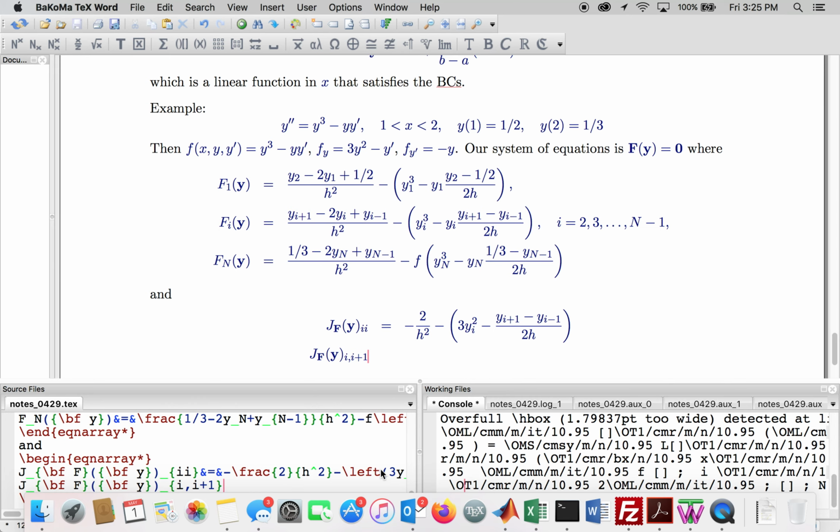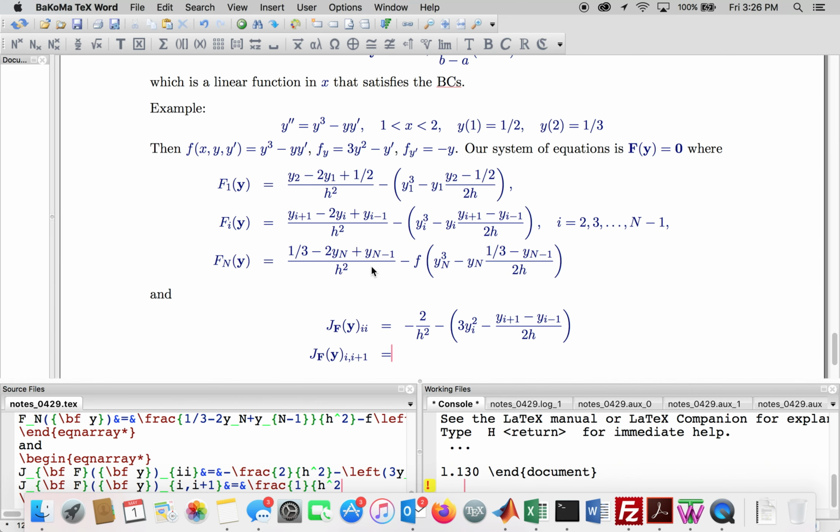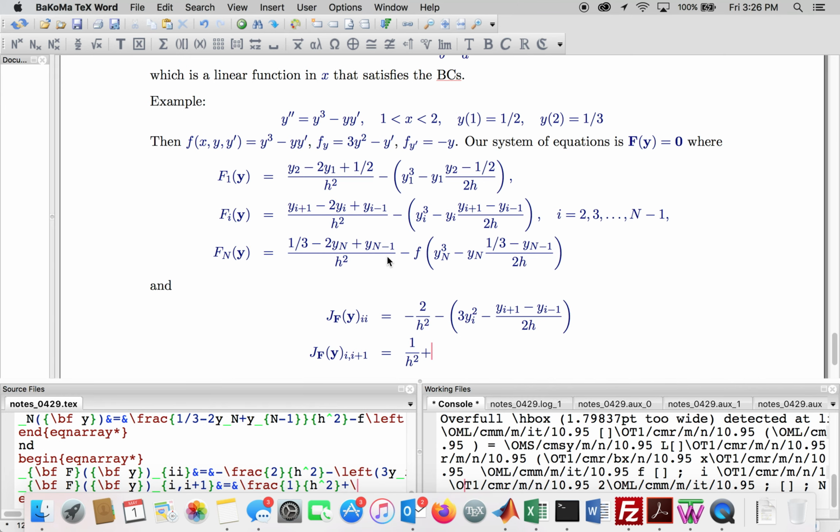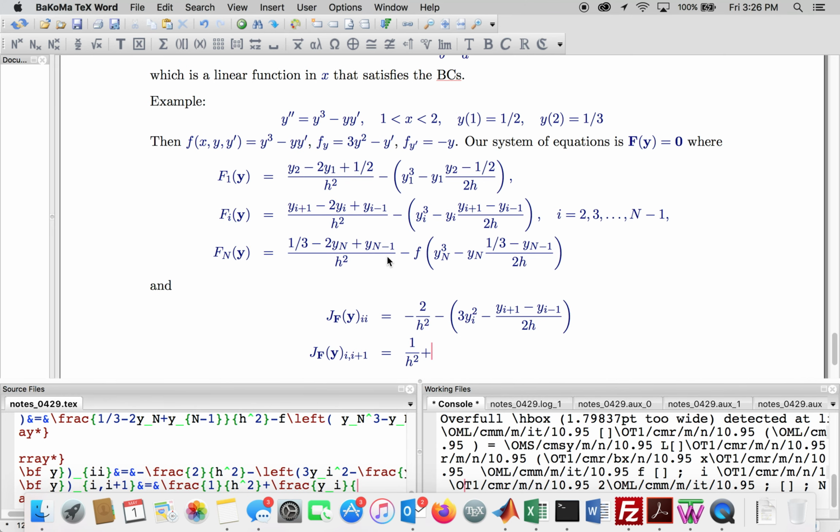If I take a derivative of this with respect to yi plus 1, so if I did 1 over h squared, the constant that's multiplying yi plus 1. And then over here, I don't get any contribution from this. So it's whatever's multiplying yi plus 1. Well, that's minus yi over 2h, and then we have another minus, so that would give me a plus yi over 2h.